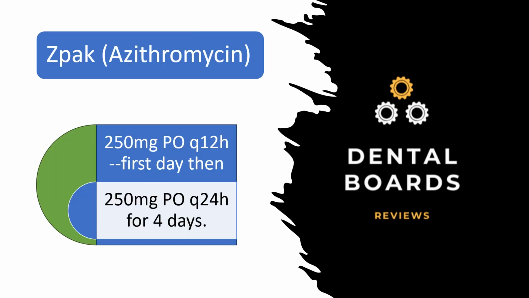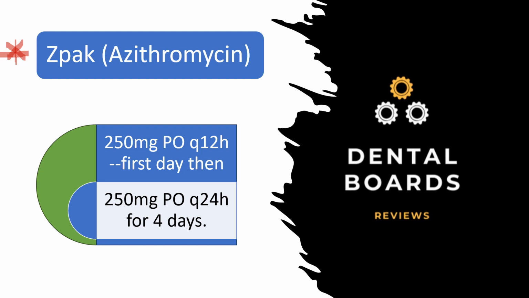Z-Pak. Now that clindamycin is getting out of the way, most people who are allergic to penicillin, most dentists are feeling more comfortable to give Z-Pak. Okay, and the way you prescribe Z-Pak is 250 milligrams PO Q12 hours for the first day.